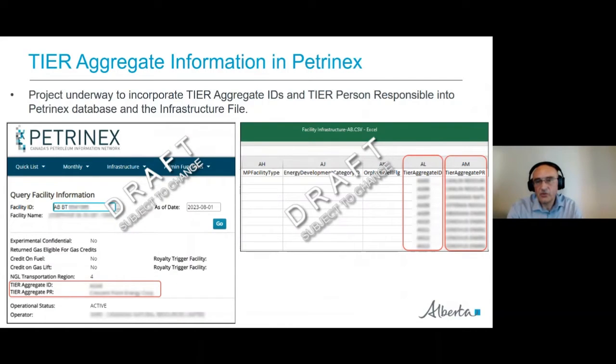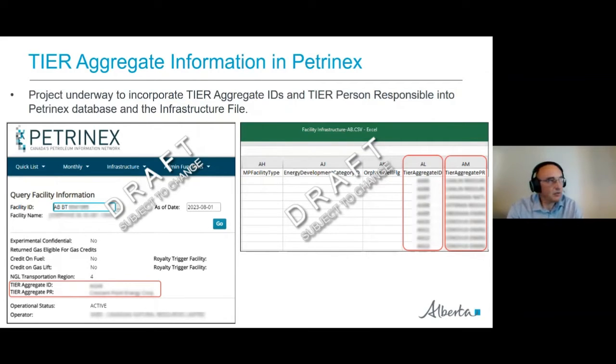Should these two fields be blank, that means that that facility is not in the tier aggregate program, because the objective of this was actually to inform the industry and reporters and production accountants, certifying officials, to be more transparent about the tier program.